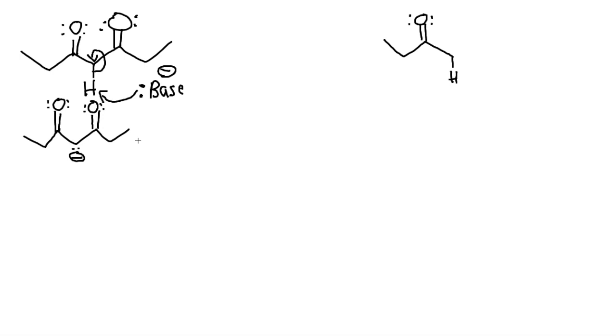Same thing on the right side. Base, negative charge. This lone pair goes on the hydrogen, while the electron from the hydrogen goes on this carbon, forming a lone pair.